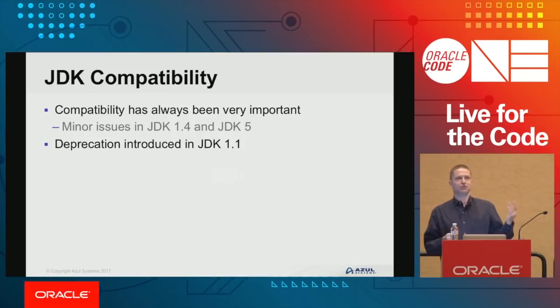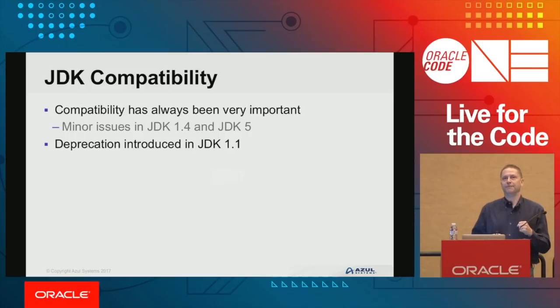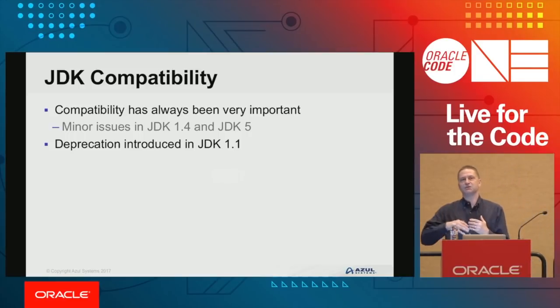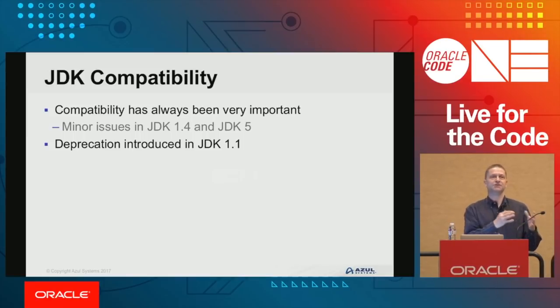Deprecation was introduced way back in JDK 1.1. This is the idea that as we evolve an API, it's not just about adding things. There are going to be frequent times when a newer version of something comes out that's better, and so what we need to do is say, okay, let's remove that older version because the newer version's better. Similarly, there might be things that are no longer required because they're such old technology that people just aren't using them anymore.